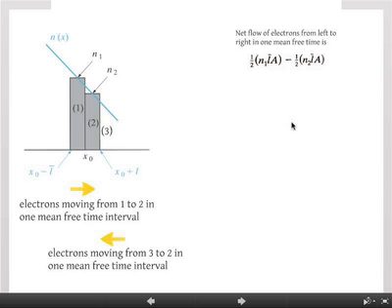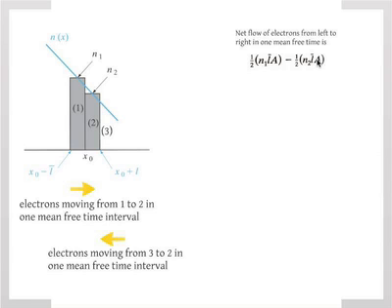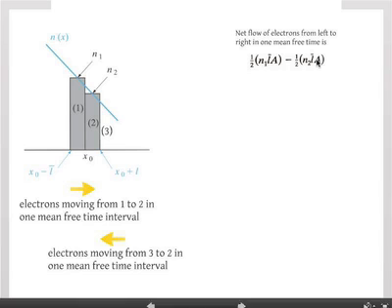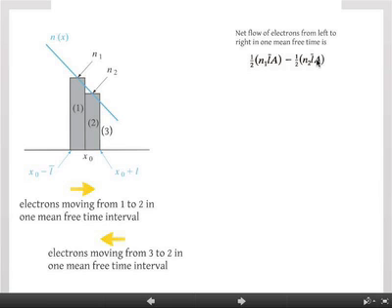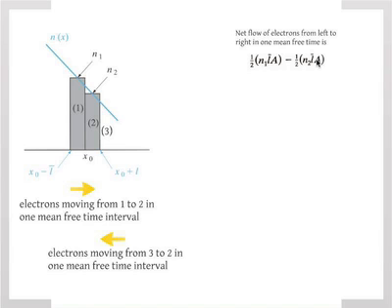Okay, so this is the number of electrons going from 1 to 2, and this is the number of electrons going from 2 to 1. Same thing. So you subtract them, that gives you the average number of electrons that are entering region 2.